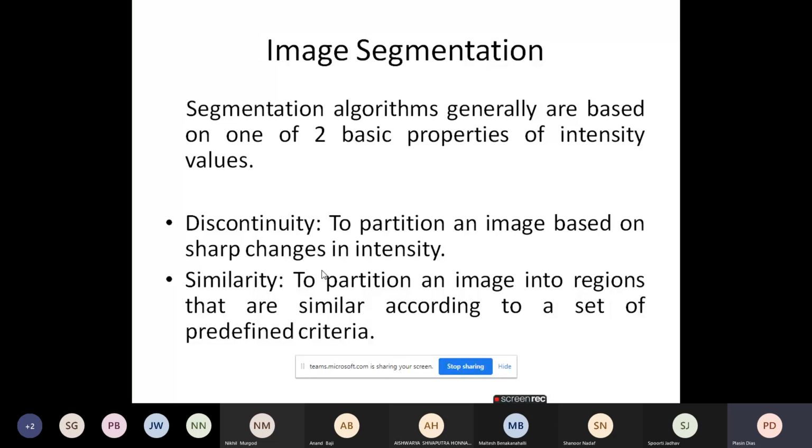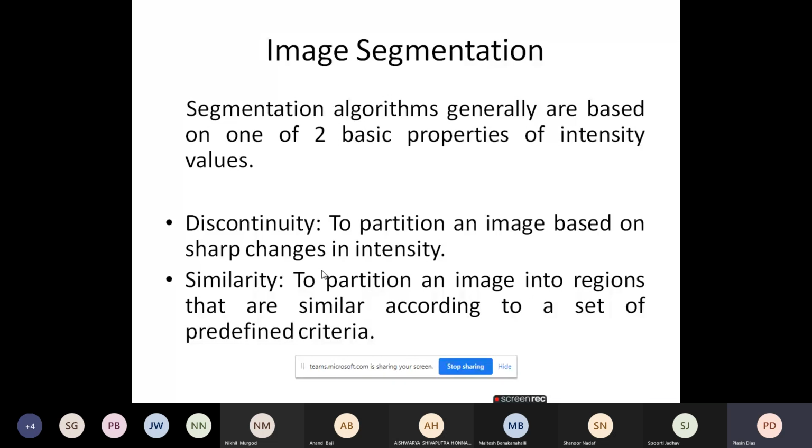Then when we consider similarity, you have to partition an image into regions that are similar according to some set of predefined criteria. So when we see these two definitions related to discontinuity and similarity, what can we guess?